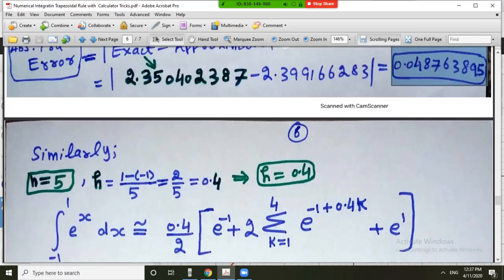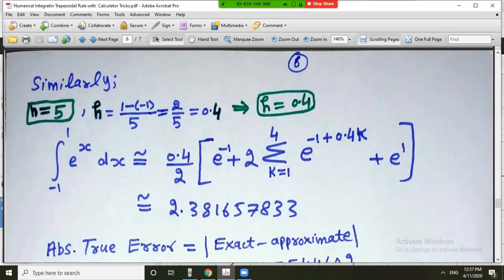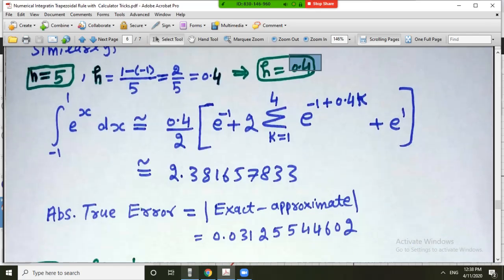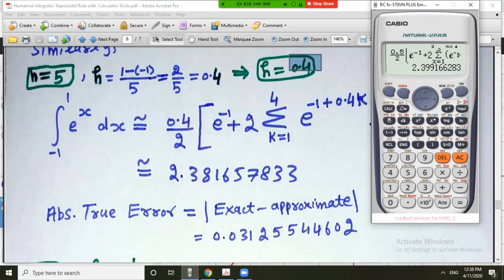Now for n equal to 5, h is equal to b minus a divided by n. That is, b is 1, a is minus 1. So 1 minus minus 1 is 2, divided by 5, which is 0.4. Now we have to replace the value of h and the value of n. N is 5. So how to do this? Here n is equal to 3, this will be replaced by 4.